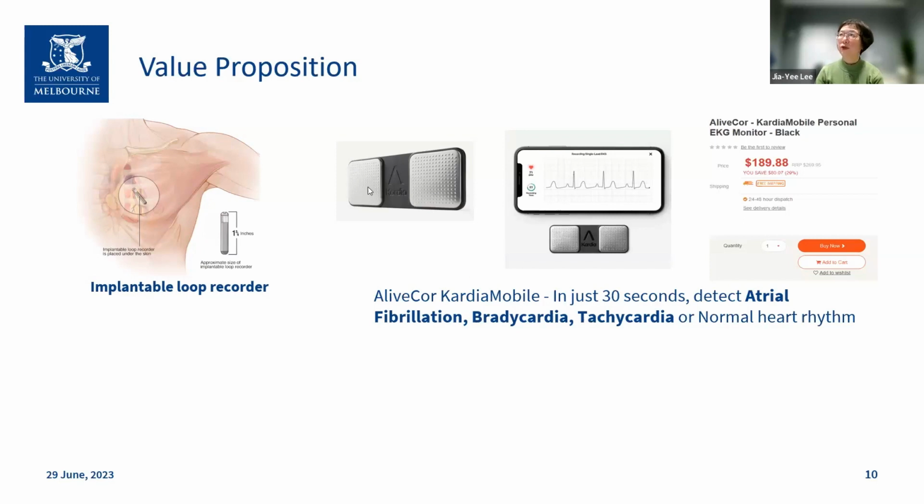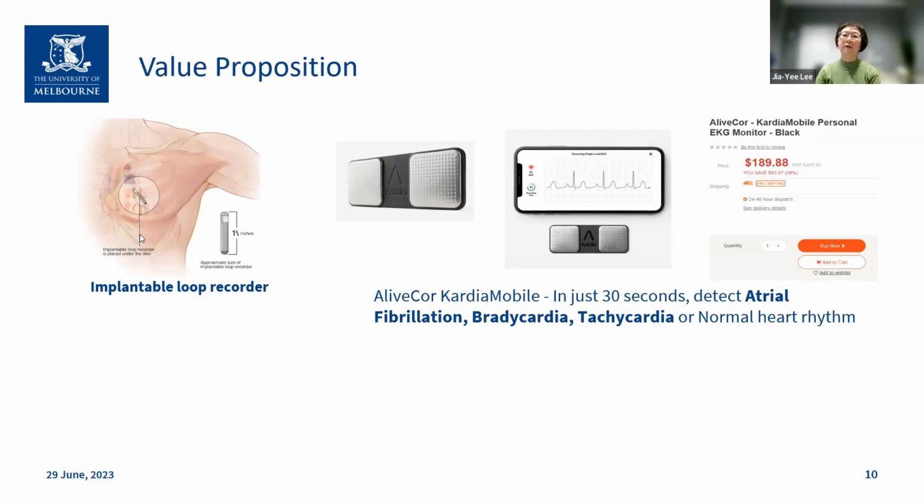AliveCore had a portable device that you can actually buy on a shopping cart. And I actually bought this device for personal reasons. The cardiologist will often recommend an implantable loop recorder to assess the heart rhythm on a daily basis.